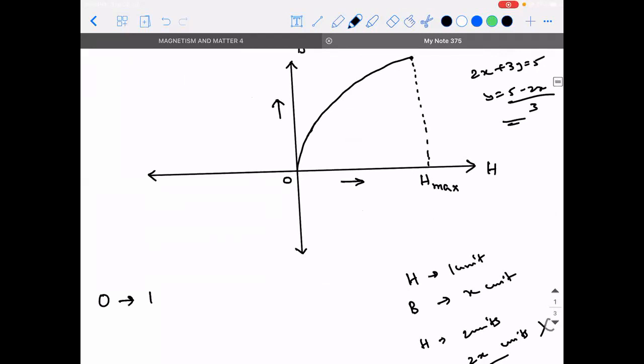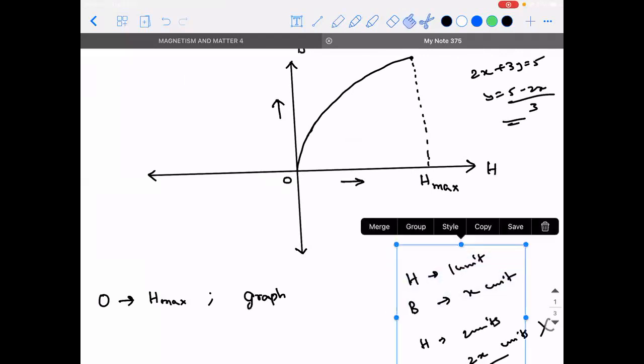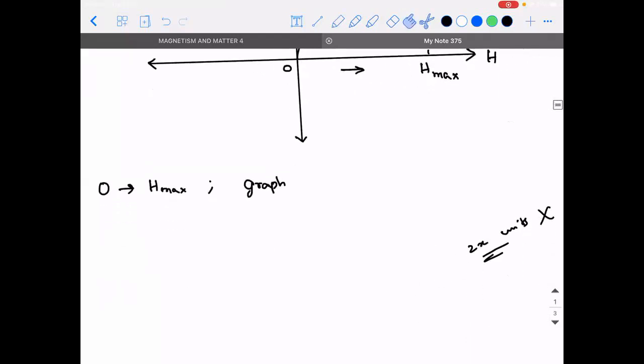So I will write it like this. 0 to H max, what happened? The graph is curved. Okay. Now, if H is completely removed.